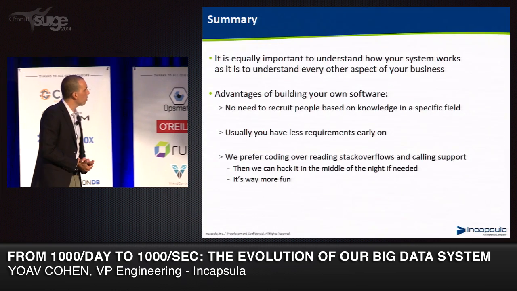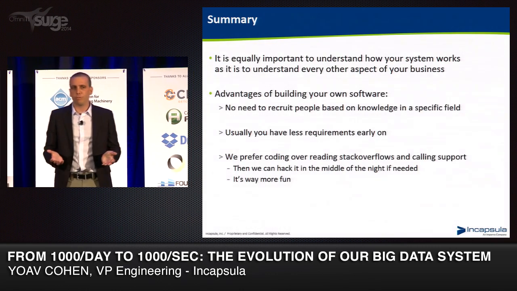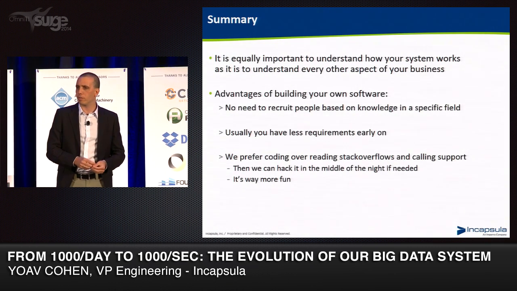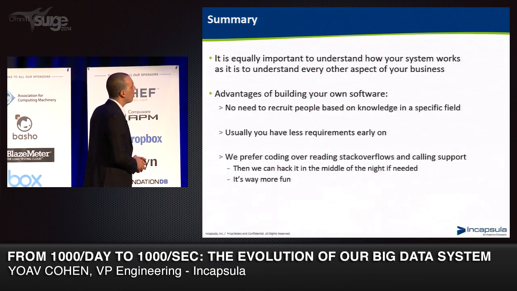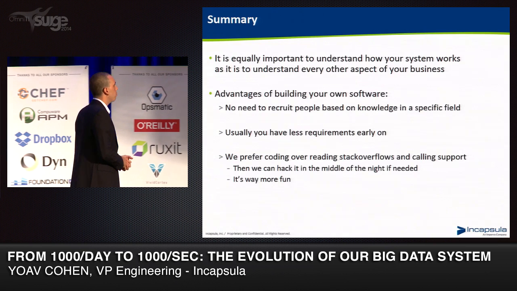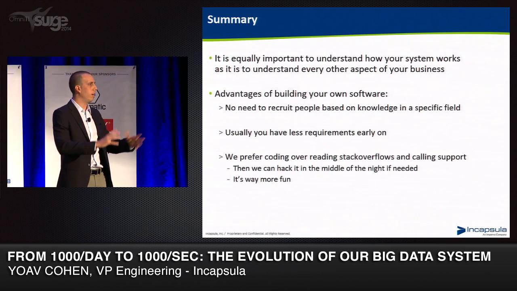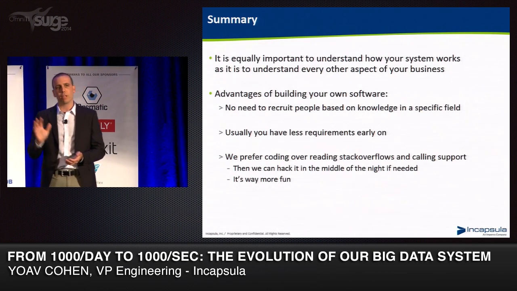And so everything I showed you in Gen 3 is pretty much very simple for every software developer to write. Write and read from files, nothing very complicated, do some HTTP requests. So we don't have to recruit people based on their knowledge in a specific field. It's not like we sit together and we decide, hey, Cassandra, that's the thing to do.